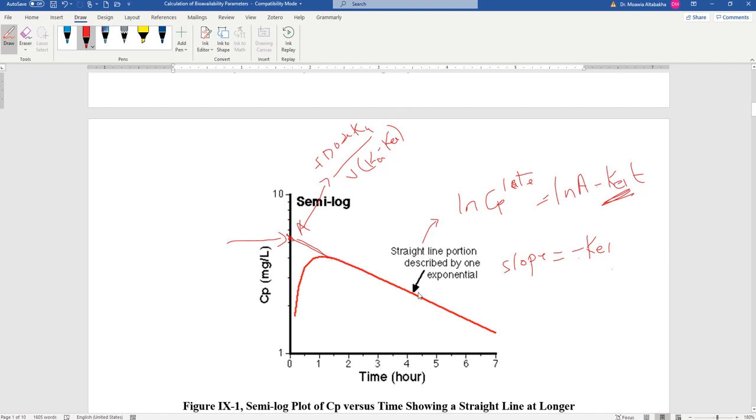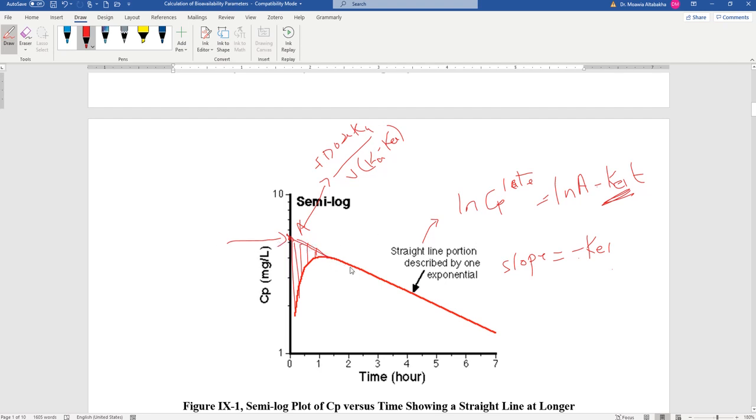See, this straight line that governs Cp late is different from the actual concentration that Judy took samples of and measured. You'll see that there are differences between the straight line of Cp late and the actual concentrations. These are the actual concentrations, and the concentration here is of Cp late.